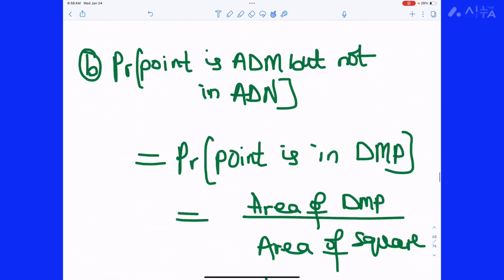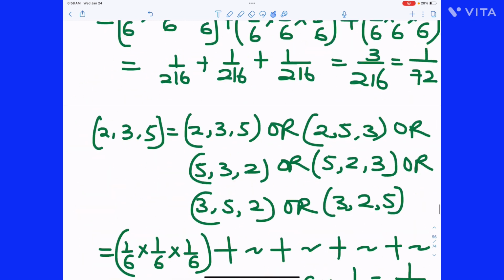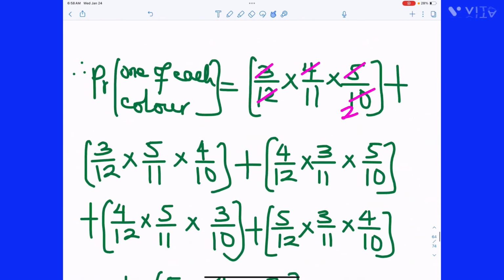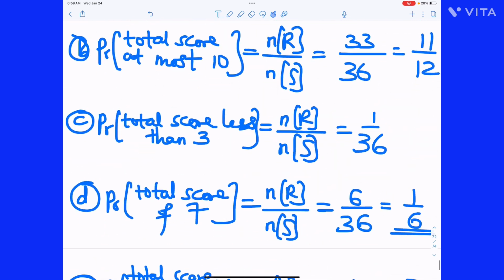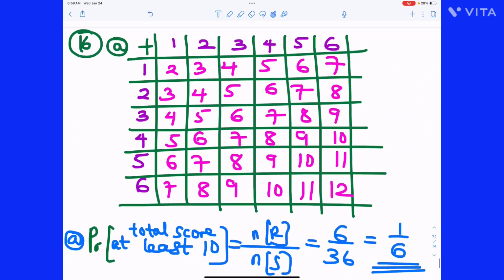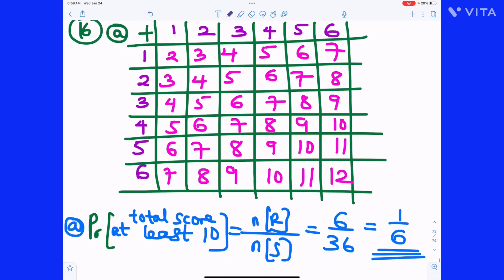Let me check. I think I found the table 2 or 3 times in the exercise. If we don't, then we have to draw another one. Okay, this is one here. Let's just use this. There's a table in question 16 for sum of results when 2 dice are thrown.